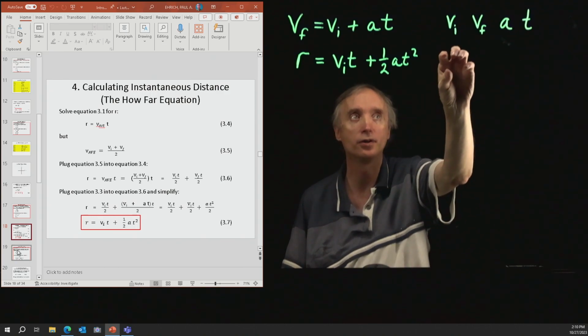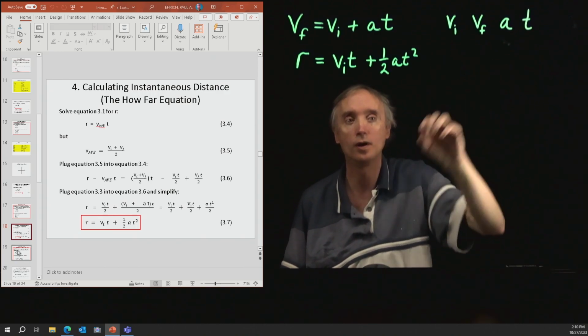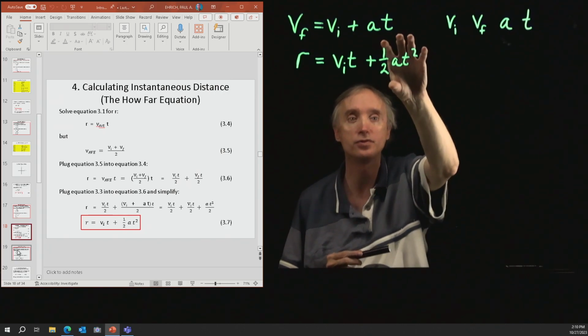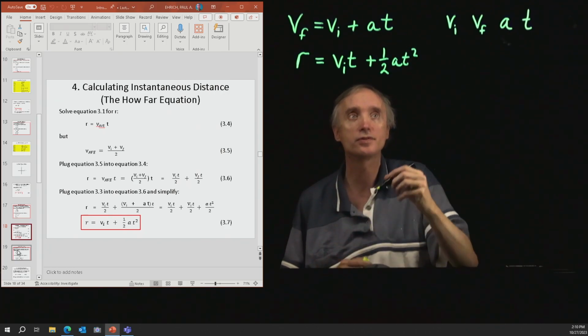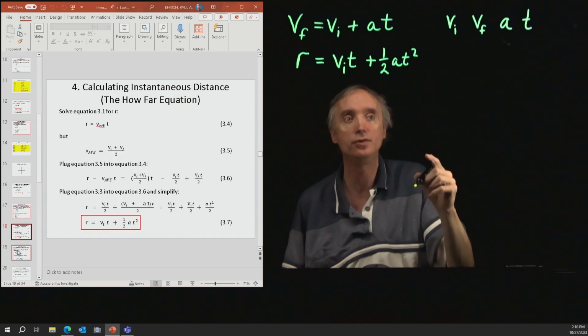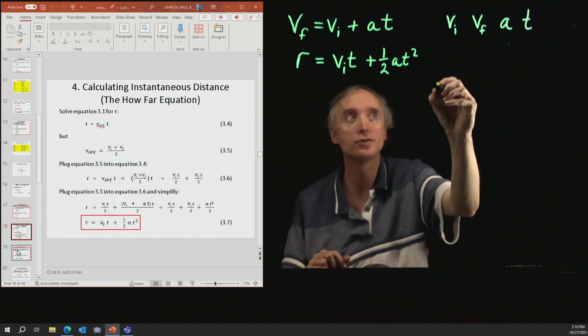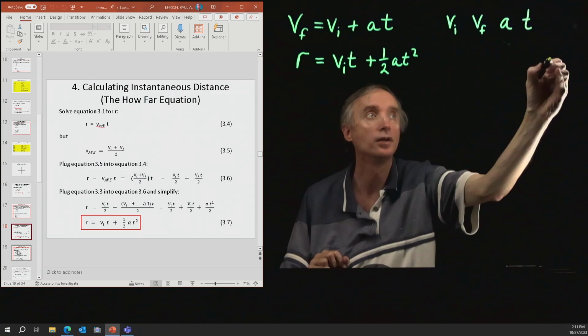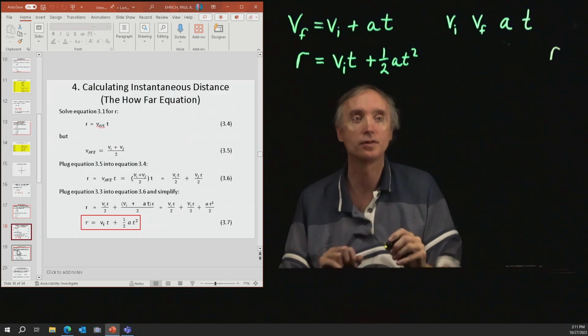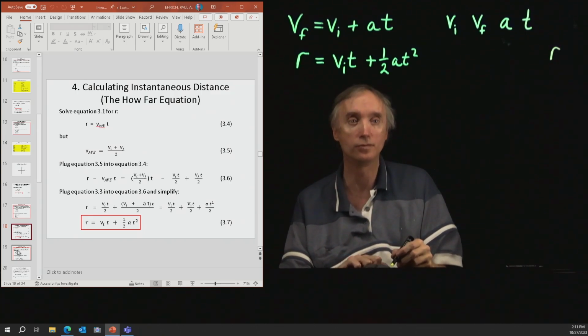And then over here, let's write down what letters go into this formula. Notice this one introduces a new variable, the letter R, the distance that something goes.